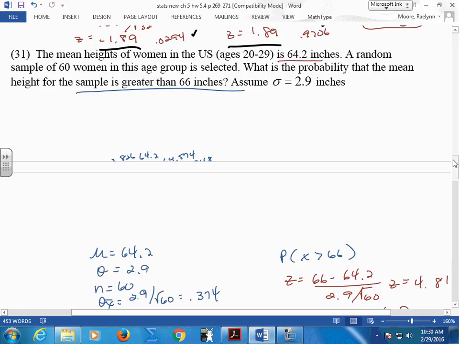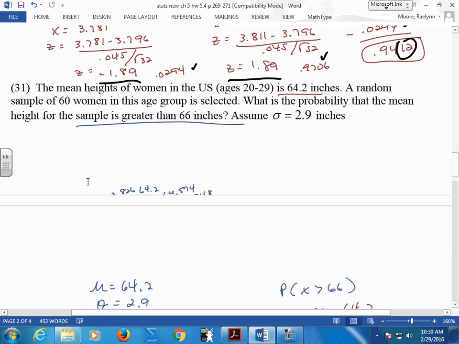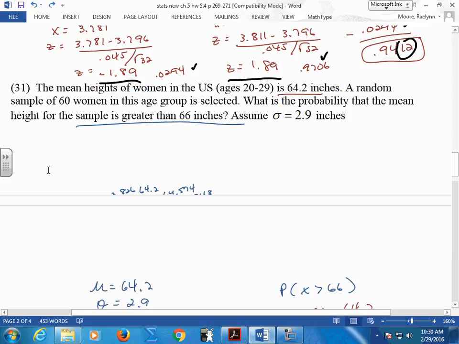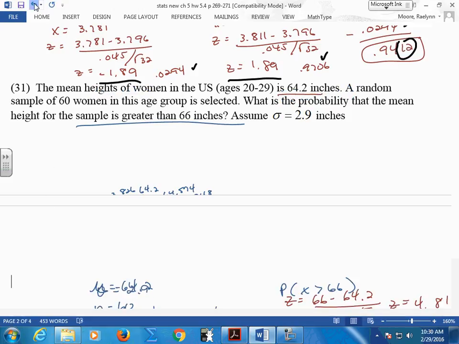Now, I don't know what happened here. This got all messed up. Let's see what happens here. Oh, that's not right. I don't know what went on here.